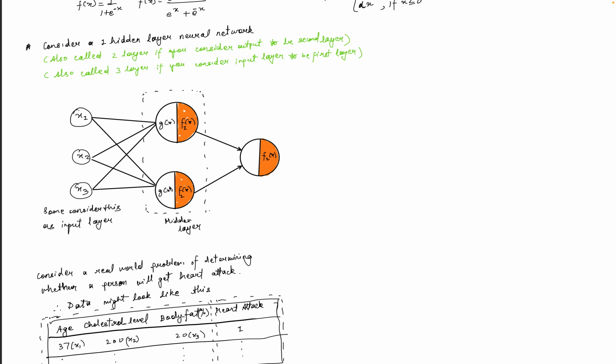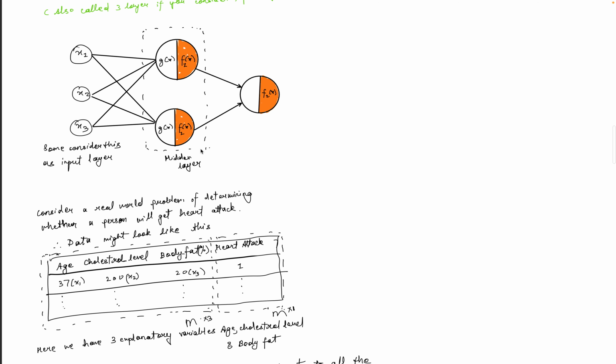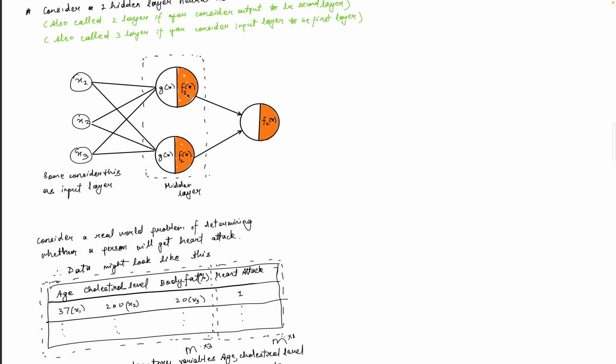Similarly, the g of x for this neuron will also need weights associated with all the inputs. So every neuron will have the same number of weights as the number of input features. Again, a bias will be added in each neuron, and the activation function will act on the output of g of x.